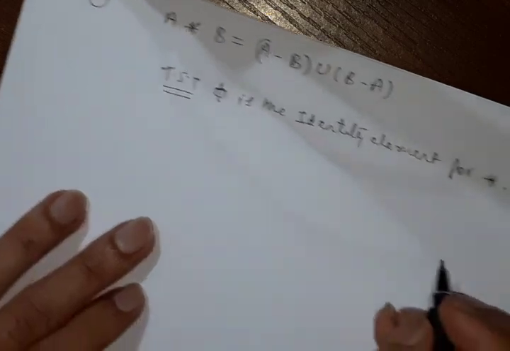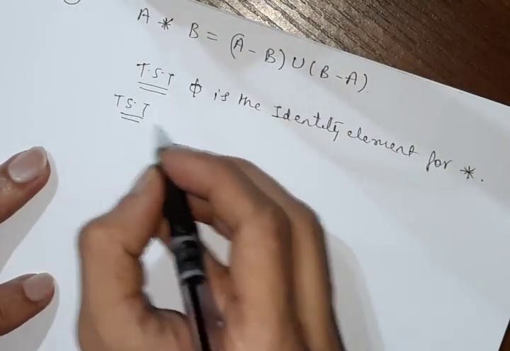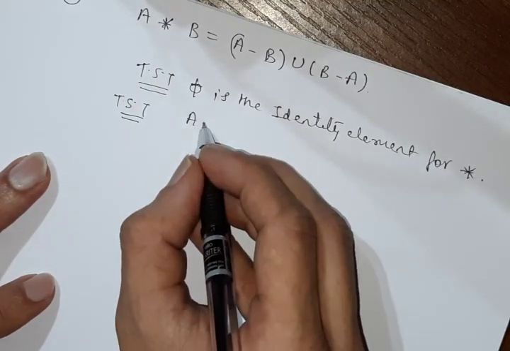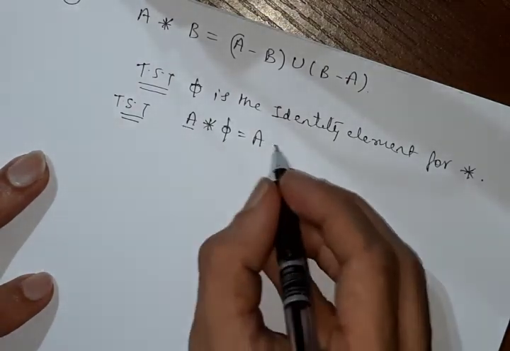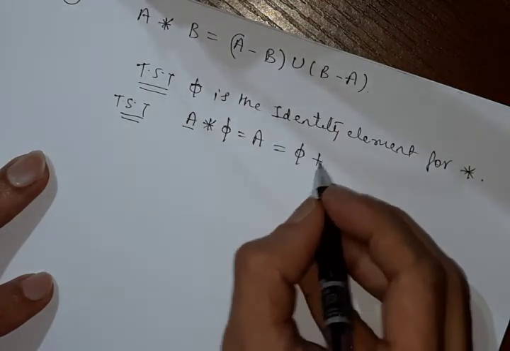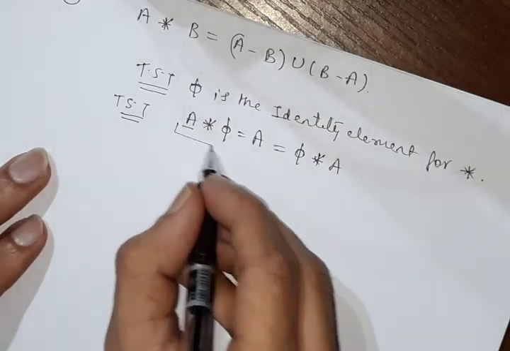So that means to show that A star empty set will be equal to A, and which is equal to empty set star A. This is the definition of identity element.